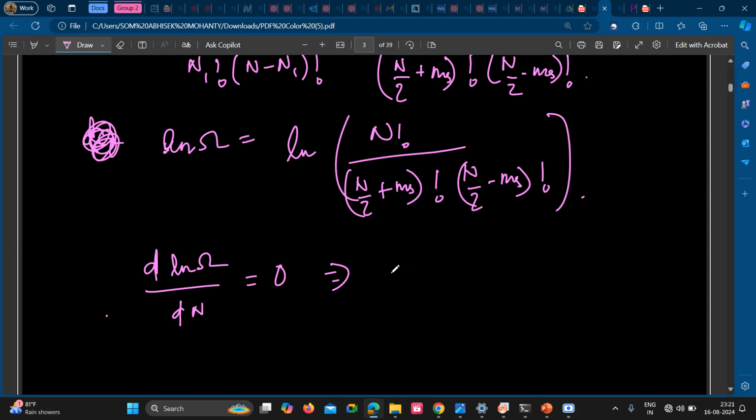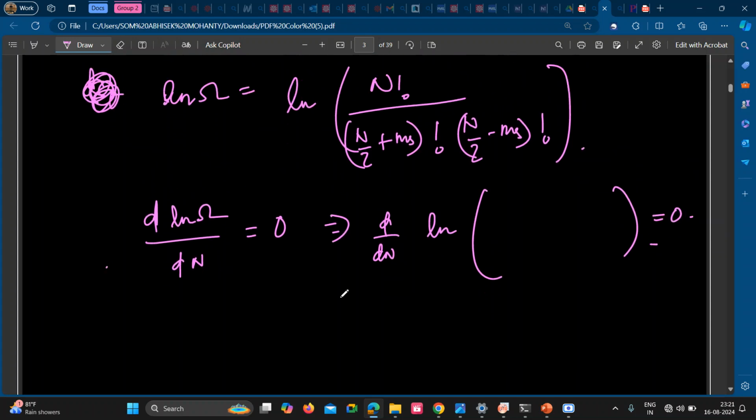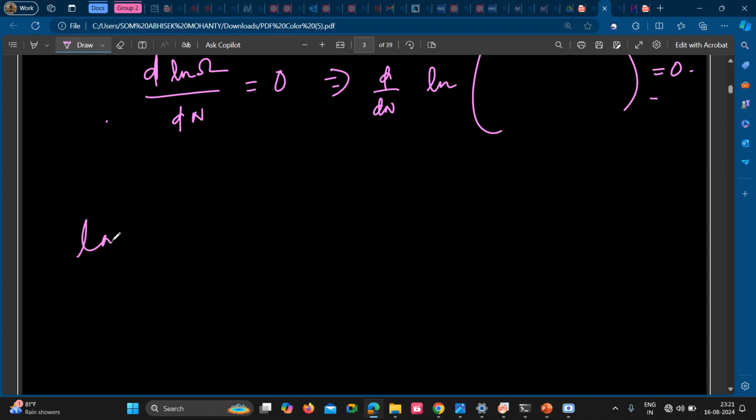So d by d ms of ln of this one is equal to 0. Let's do it. First of all, we have to expand it, because only after that can we take the derivative.